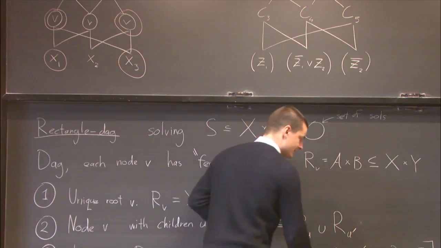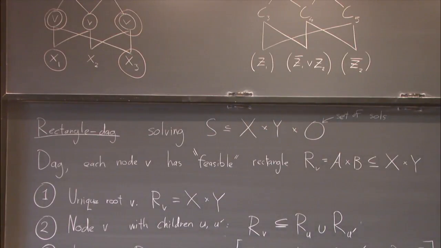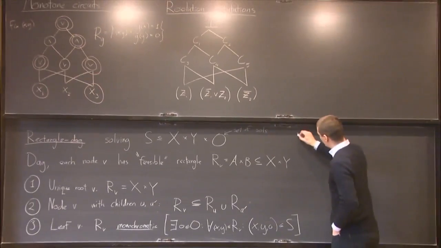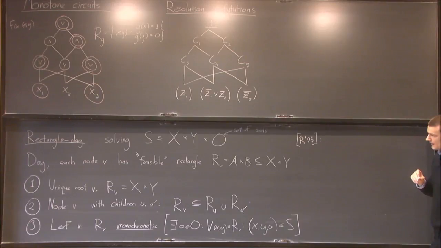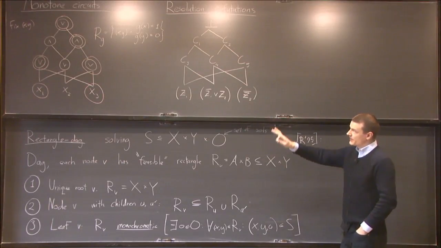So the key theorem, which was proved by Razborov, '95 or something, is that this characterizes monotone circuits.